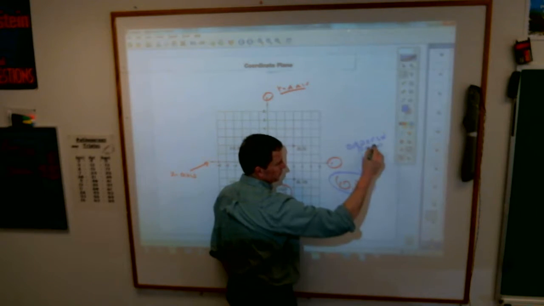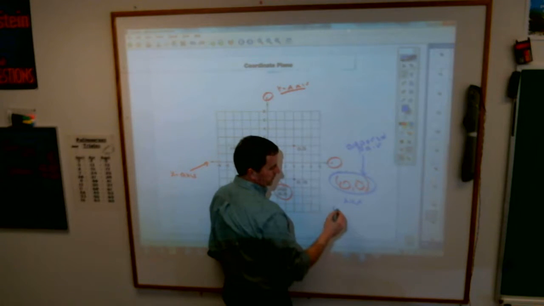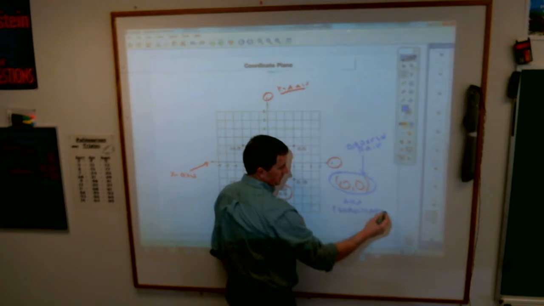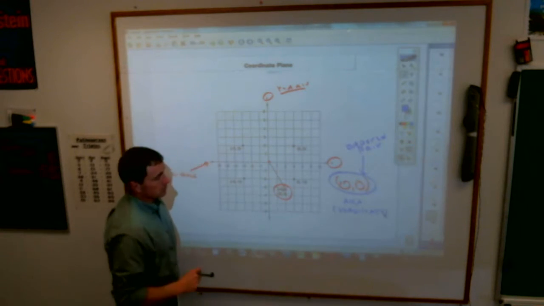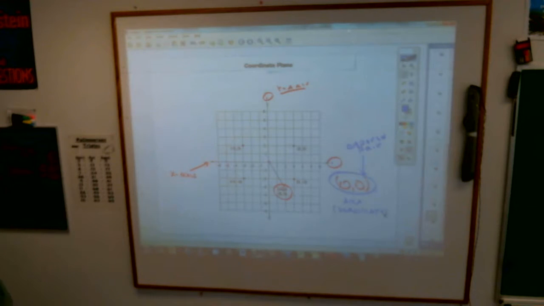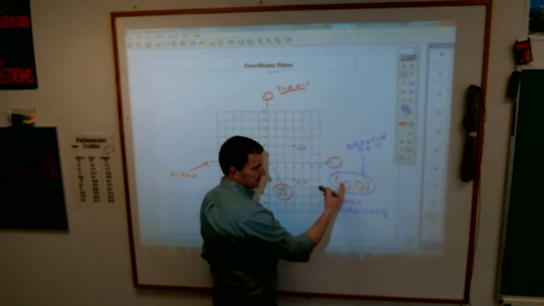It's also called the coordinates, or coordinate pair. It's important to know the reason they're called ordered pairs is because the order matters.